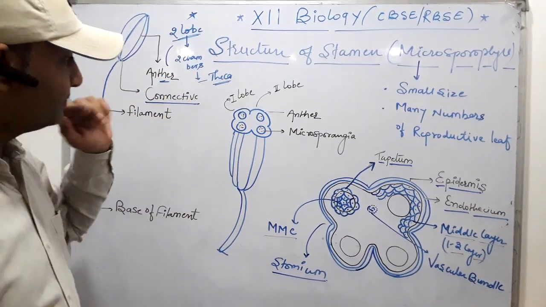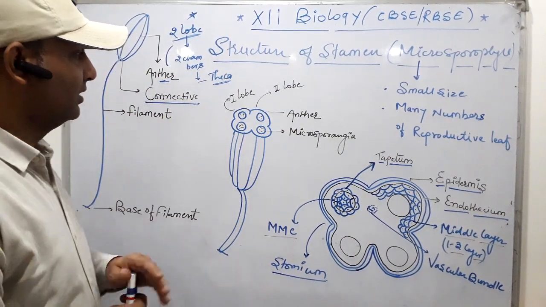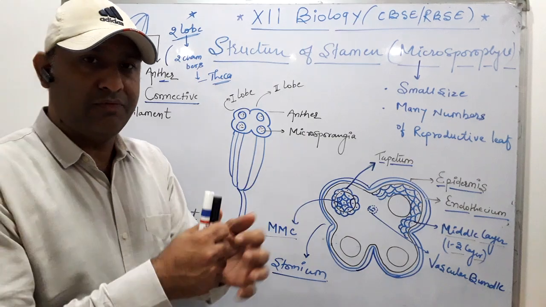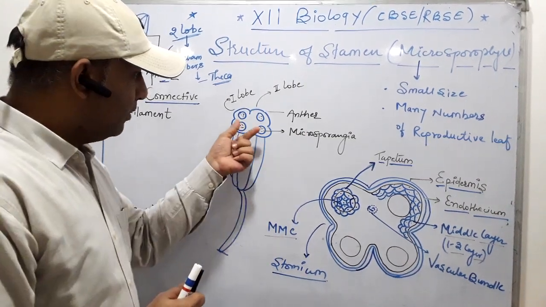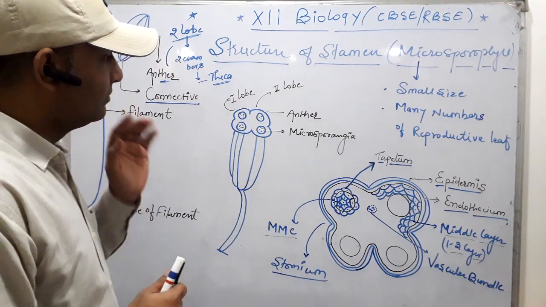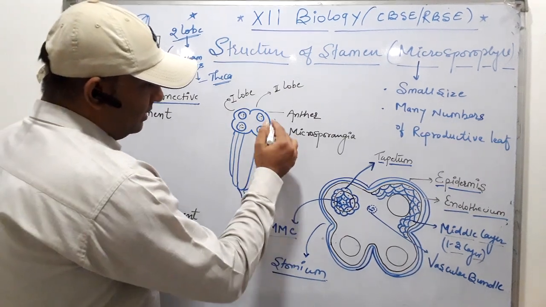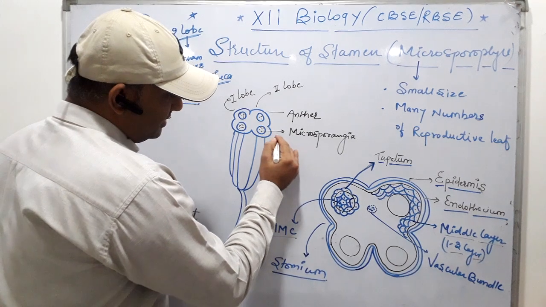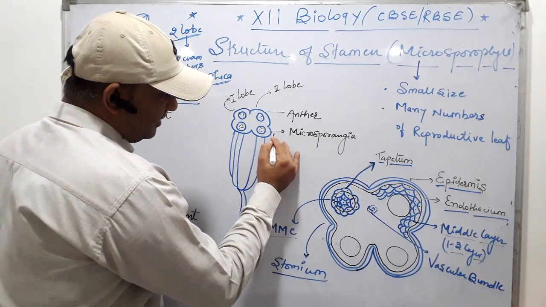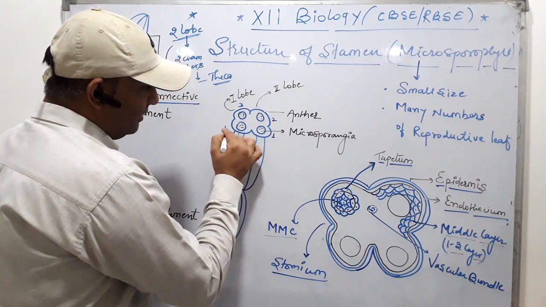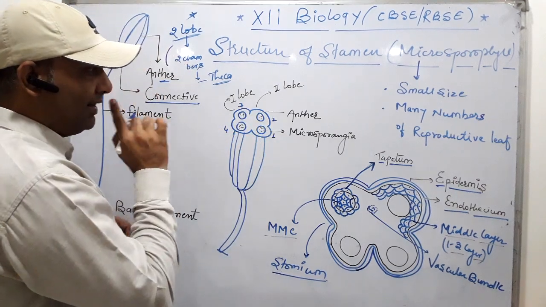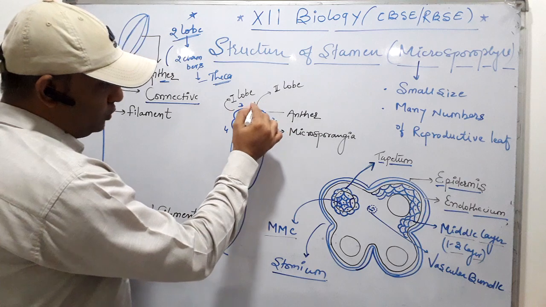Now the second structure. When we open the upper part of the anther, we obtain this structure. It is the anther, and a single chamber is a microsporangium. It is the first microsporangium, then the second, third and fourth microsporangia, and there are two lobes in total.